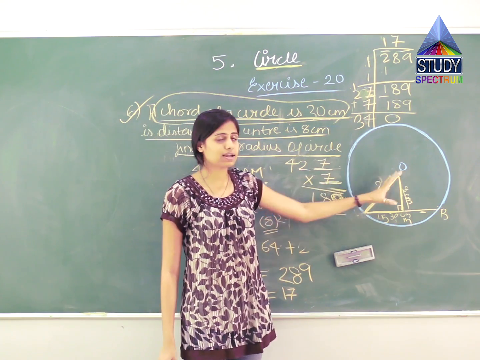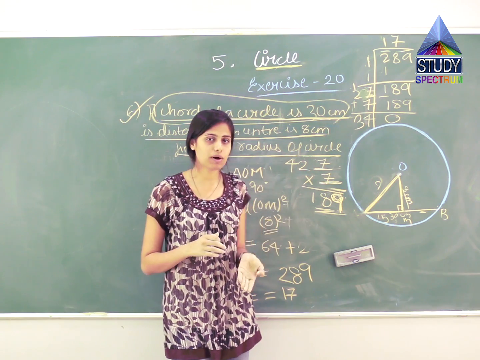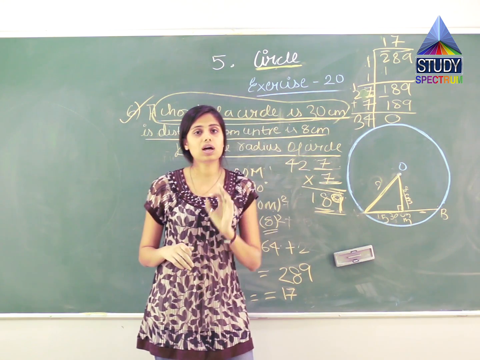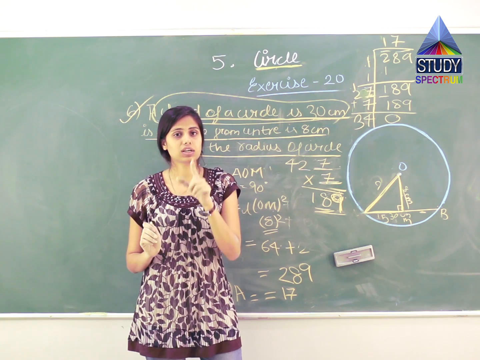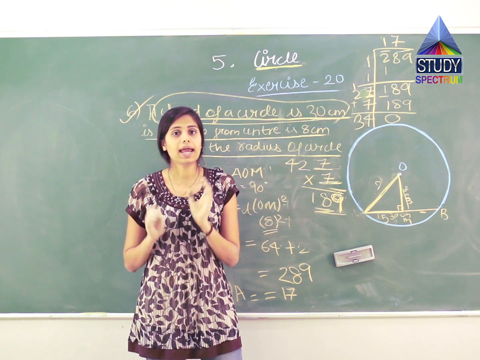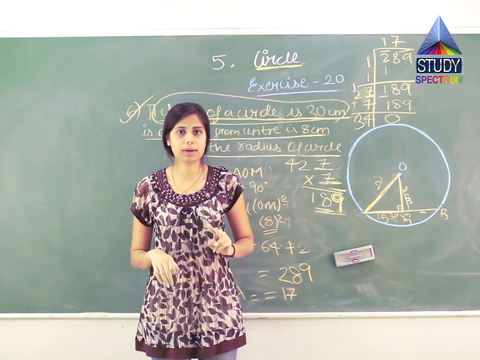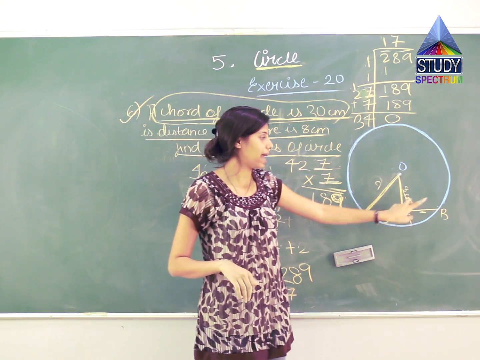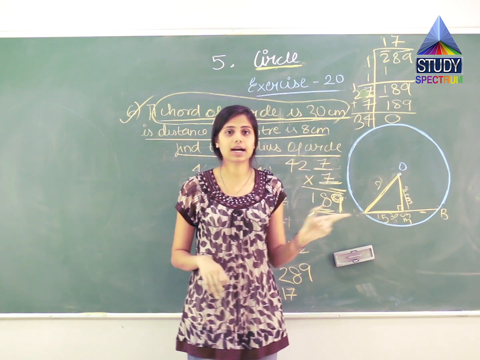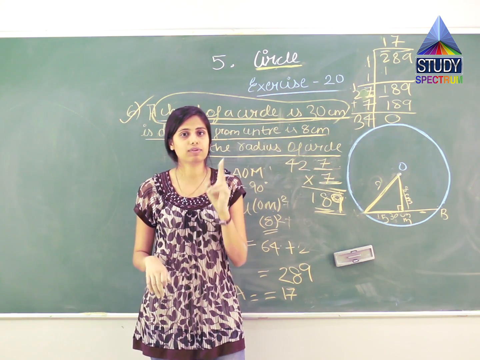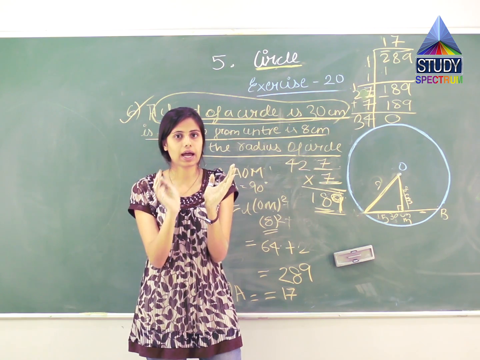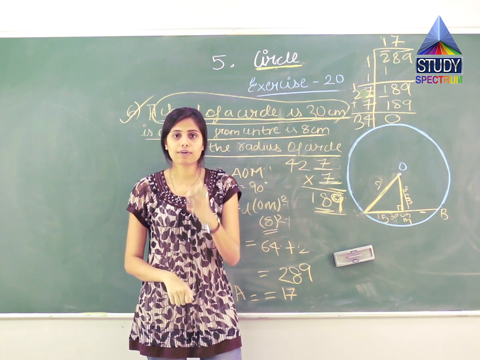So let us revise this question. We had AB as 30 centimeter, which is the length of the chord. We use the theorem which says that if a perpendicular is drawn from the center to a chord, it cuts the chord into two equal parts, AM and MB. So if the whole chord is 30 centimeter, how much is half? 15 centimeter.